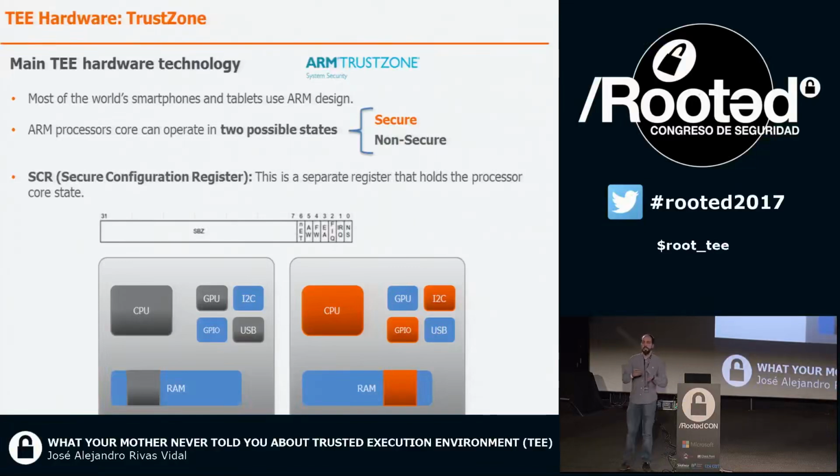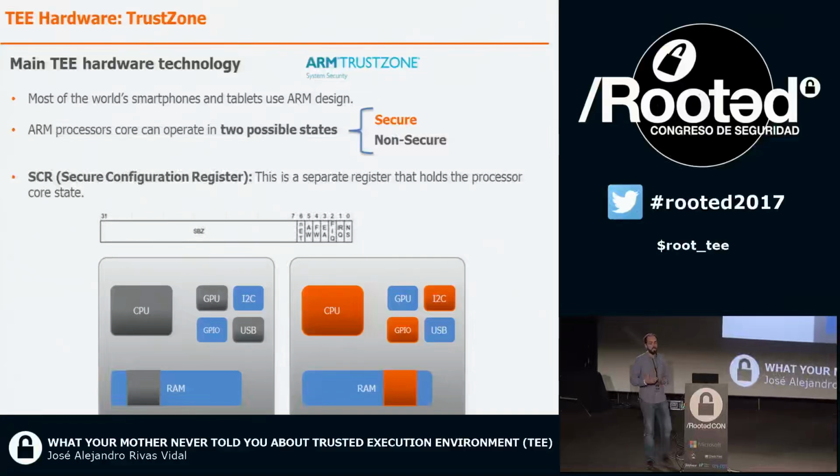There are other technologies such as Intel SGX, which is equivalent to TrustZone. But due to the large number of devices that use this technology, it's important to know at least how it works.